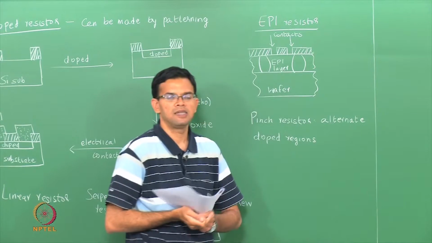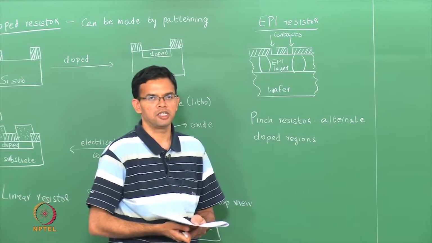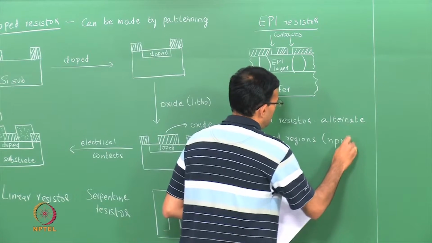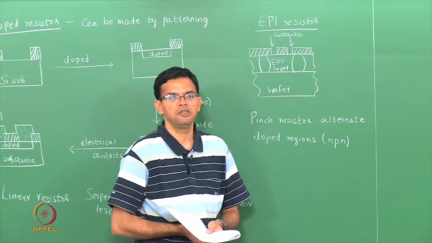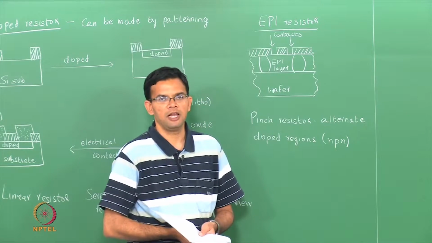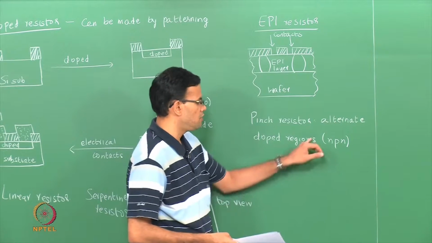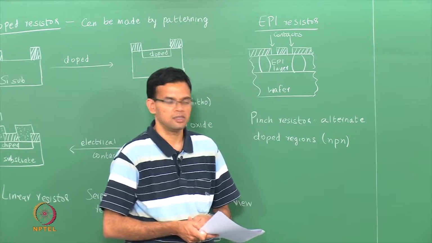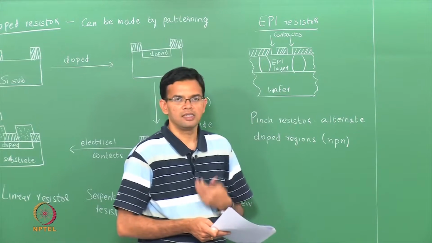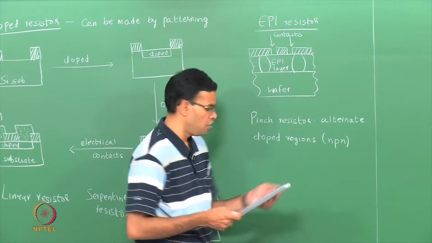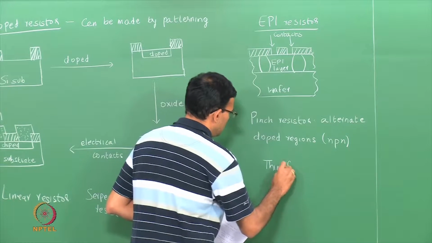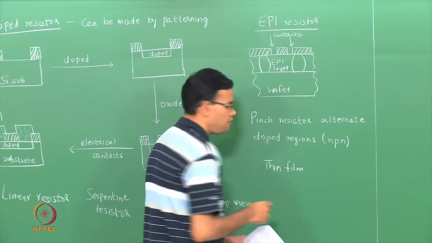So, a simple example of this is your bipolar junction transistor, where we have an NPN region and again you can have a different value of resistance. So, this we will see later when we look at how we fabricate transistors, but this again is an example of a resistor. You can also make resistors by depositing a thin film.